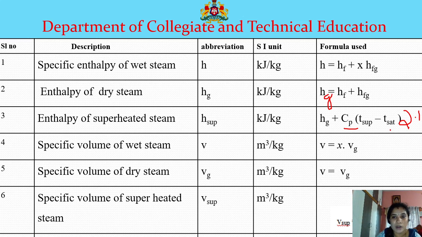Shall we recall the formula once again? The enthalpy of superheated steam will be given as Hg, where Hg will be equal to Hf plus Hfg. So Hg plus Cp into T superheated minus T saturated.